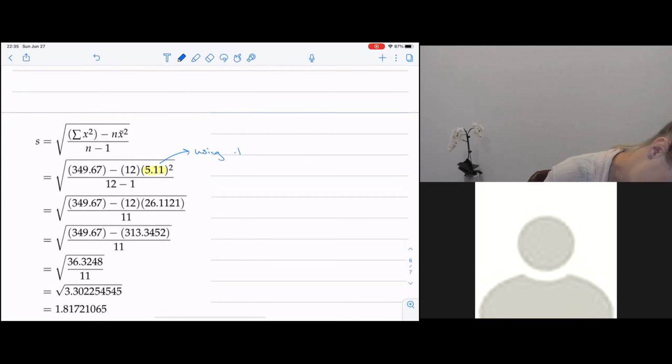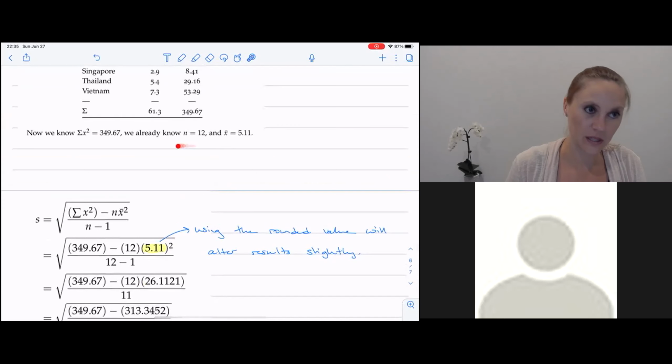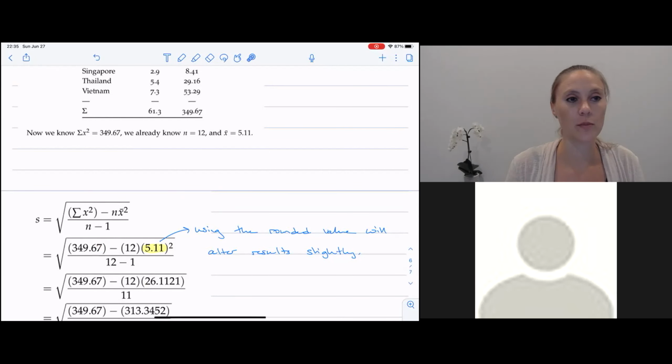Using the rounded value will alter results slightly, not enough to really make a difference, typically, but it is something to keep in mind. And so what I've done is I've plugged all the information that we found or stated up here into the original formula.